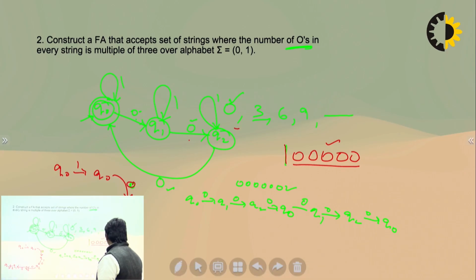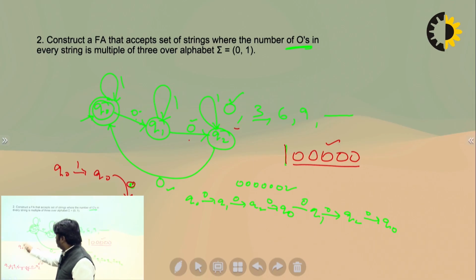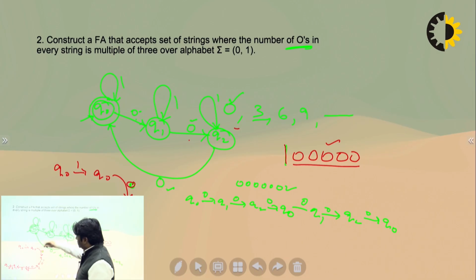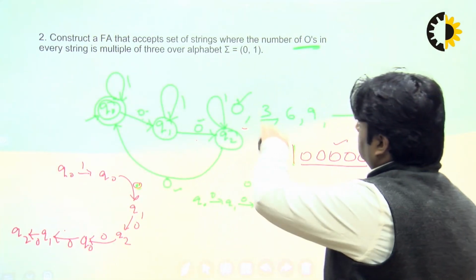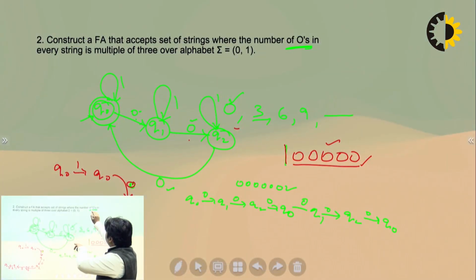When we add another 0, we reach the final state, so this string will be acceptable. So this is the complete DFA for strings where the number of zeros is a multiple of 3.